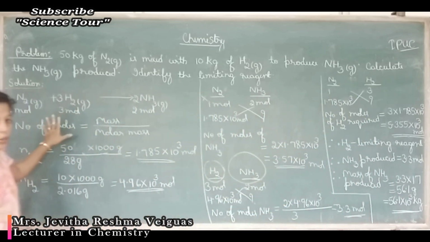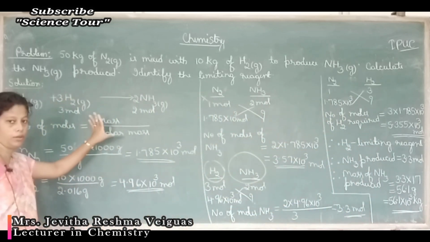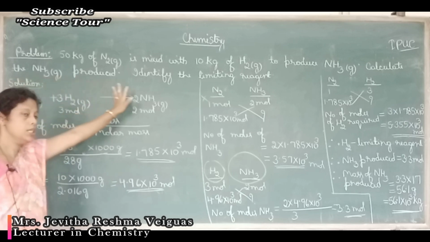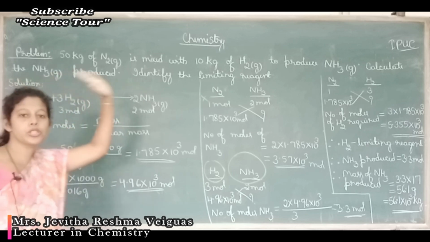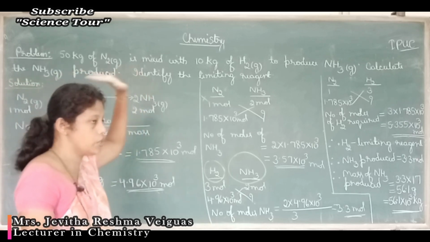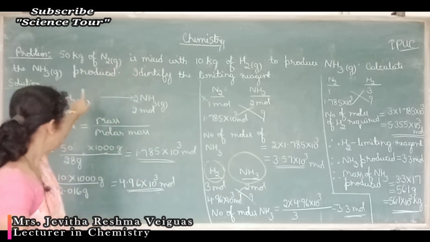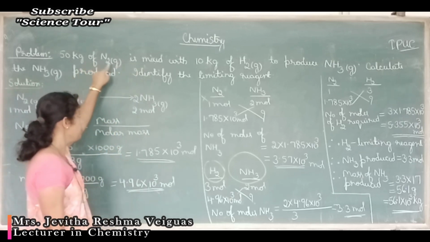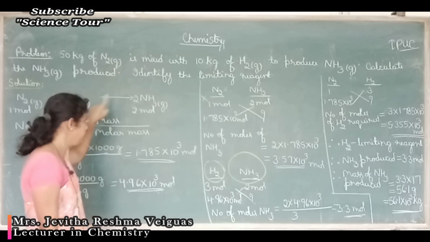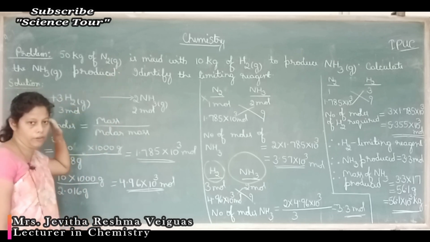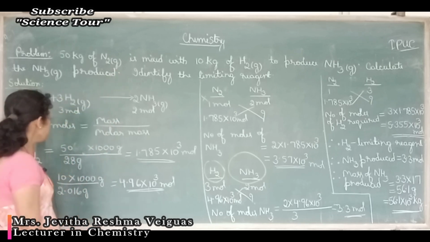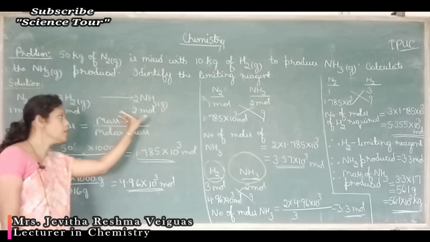Students, I'll tell you how we have to proceed with the calculation. First, see properly what reaction is given in the problem. Then, by using the data given in the problem, write the balanced chemical equation. From the balanced chemical equation, identify the number of moles of reactants and products.